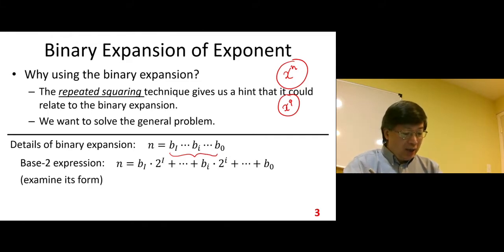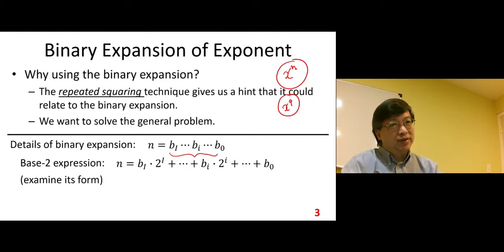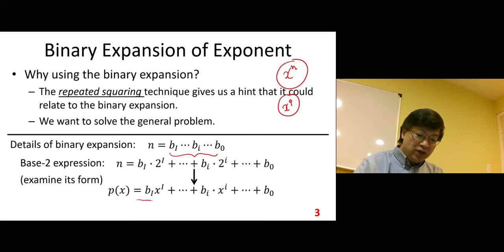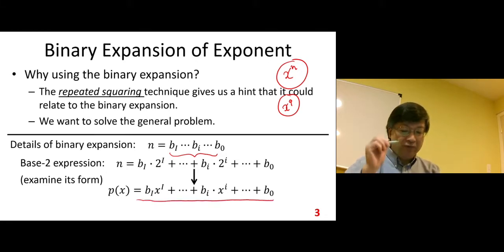But this form looks quite familiar. We studied a similar form before. Remember when we studied polynomial evaluation, our problem 1, evaluate a polynomial. In that problem, we considered a polynomial in this form.